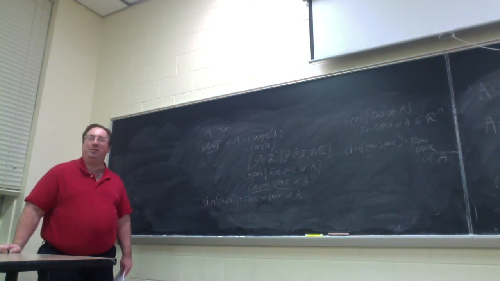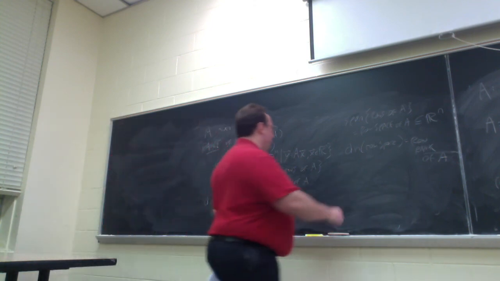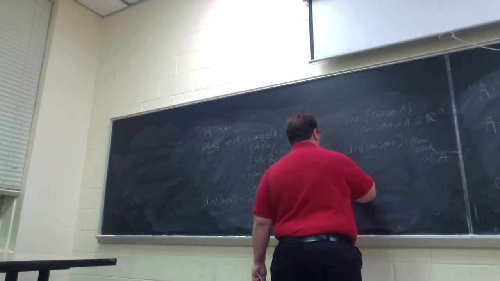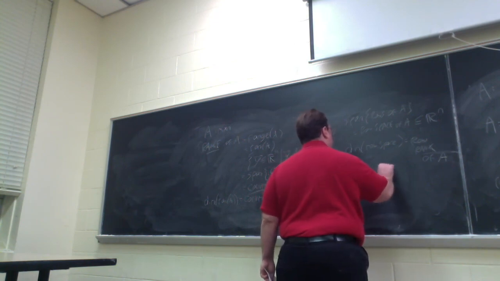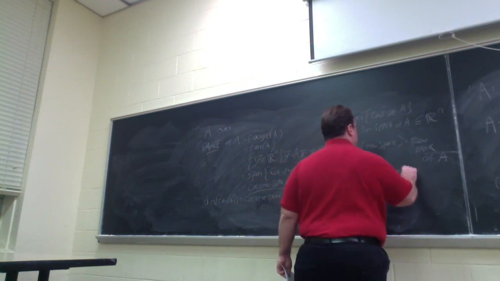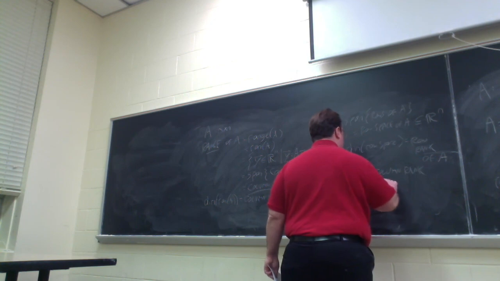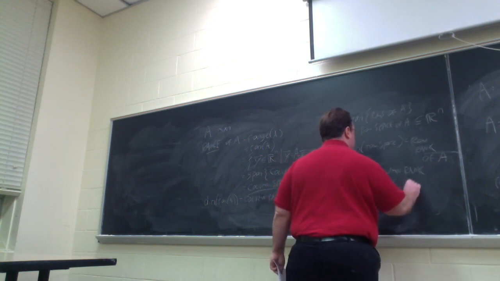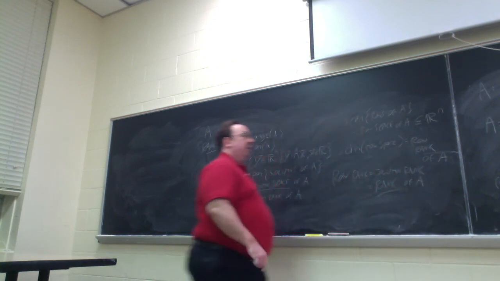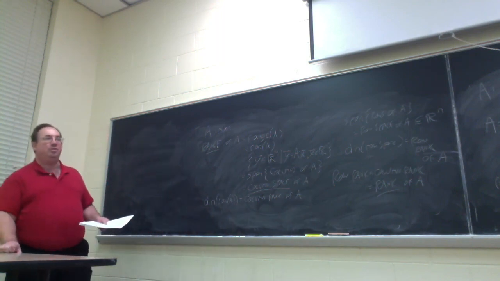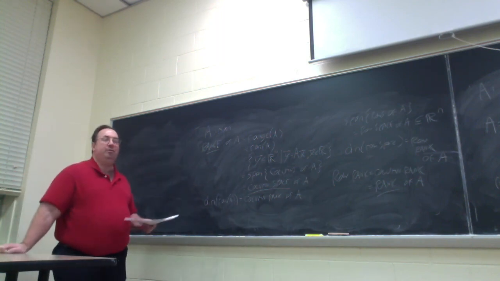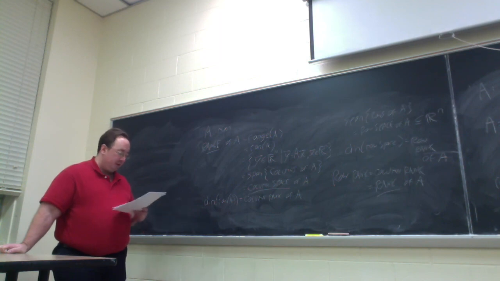Well, good thing we're doing this review then. All right. The row rank is always equal to the column rank. So we don't really bother distinguishing them. We just call that the rank of A. So just one number captures it all. The number of linearly independent rows of a matrix is always equal to the number of linearly independent columns.